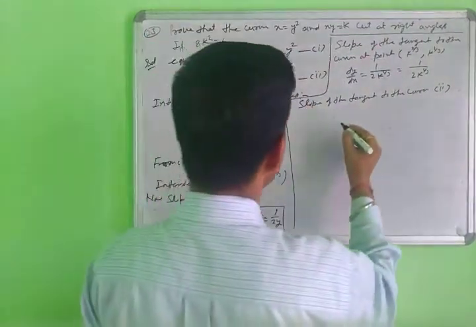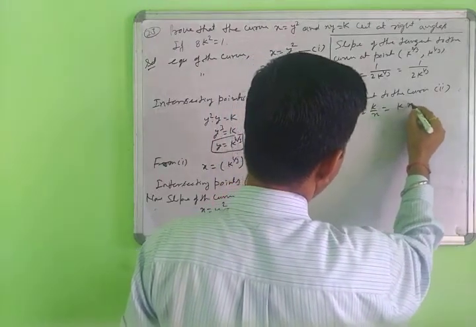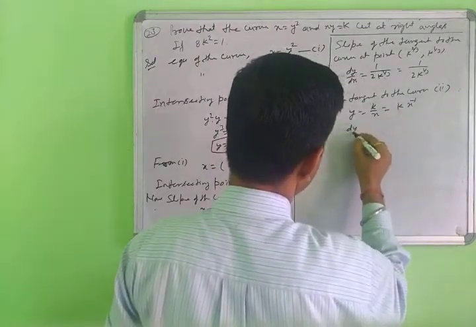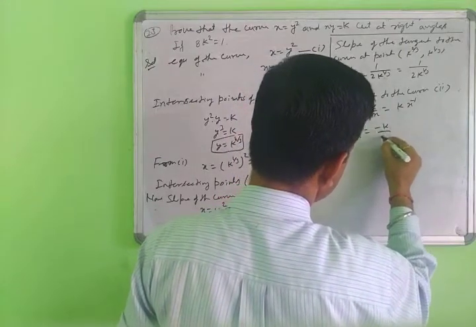The second curve is y equals k upon x, meaning kx to the power minus 1. Then dy over dx equals minus k upon x square.